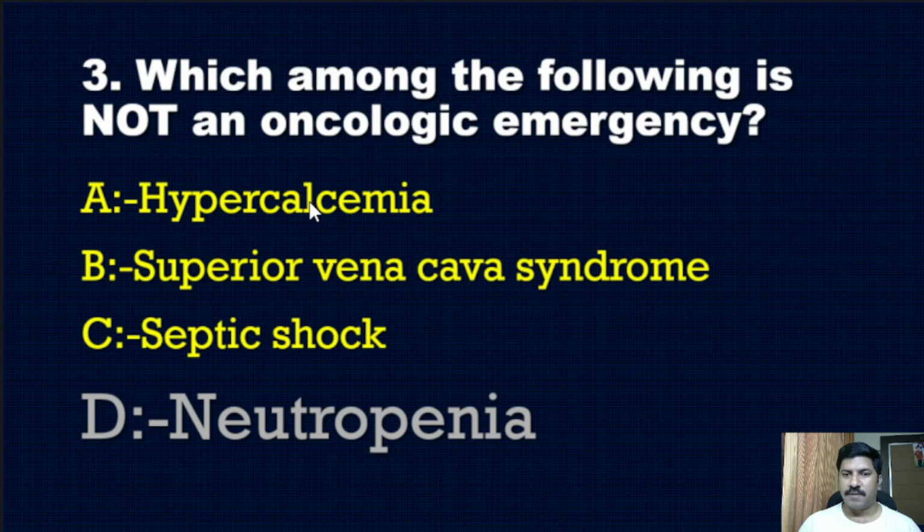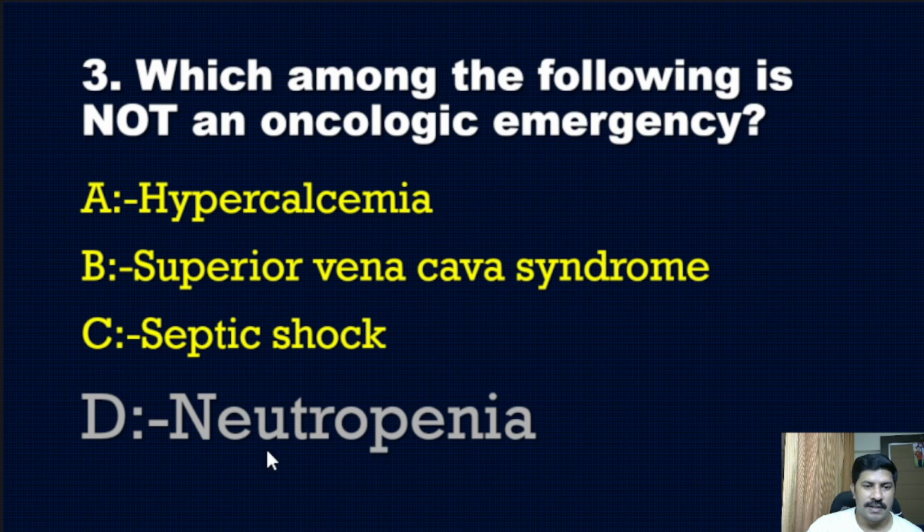I will explain the major oncological emergencies that we see in our hospital scenario. They include superior vena cava syndrome, mediastinal syndrome, tumor lysis syndrome, hypercalcemia, and febrile neutropenia.